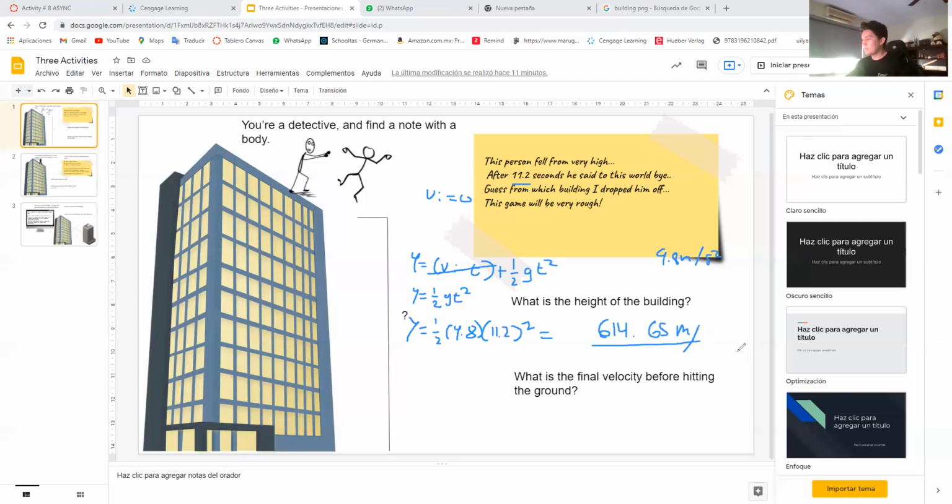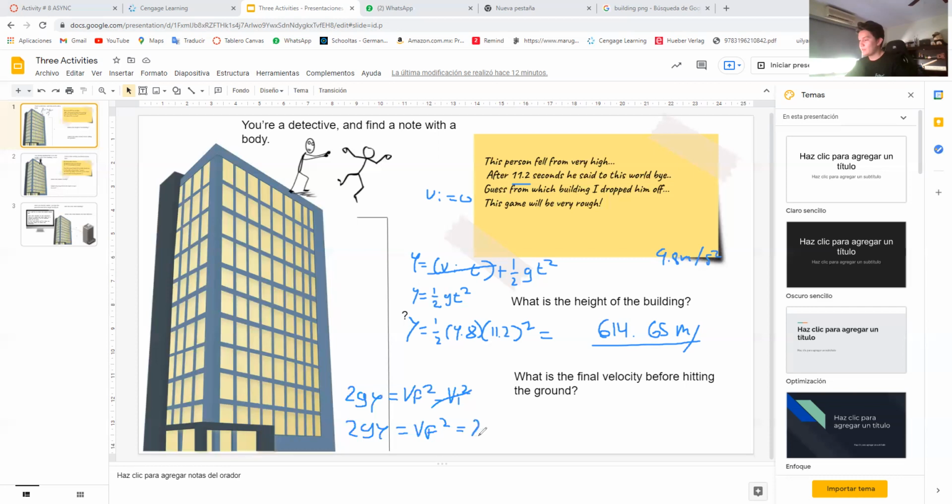And to calculate the final velocity before hitting the ground, we can use the following formula. 2 times g y equals the final velocity squared minus the initial velocity squared. Now we have to isolate the terms, and we know that initial velocity is 0, so this can cancel out. So final velocity is squared.